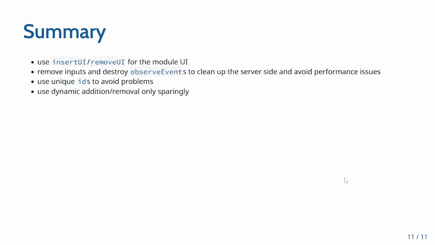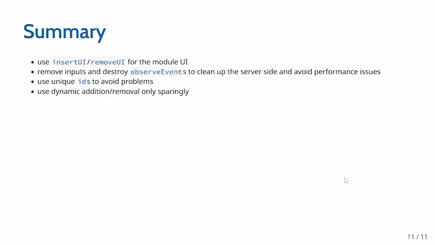Okay, so to summarize everything I've talked about, you can use the insertUI and the removeUI functions for the module UI part to dynamically add and remove it. However, this is not enough, especially for removing.